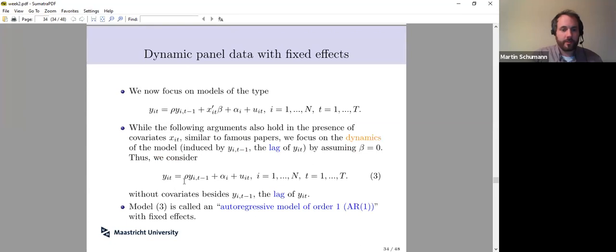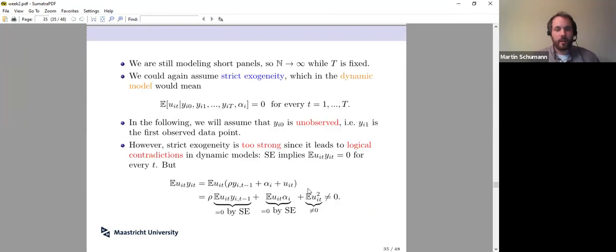So if you replace y_it with this model and open the brackets, you would see this term is non-problematic because by this assumption it would be 0. This term is also not problematic because again, strict exogeneity implies it's 0.